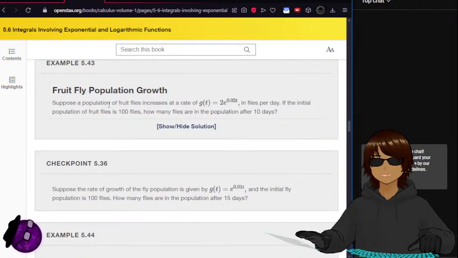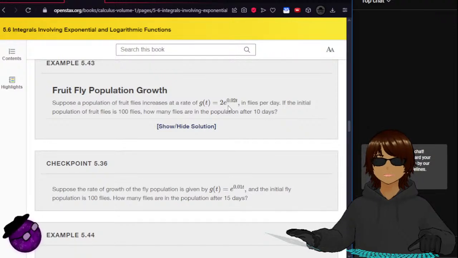Suppose a population of fruit flies increases at the rate of 2e to the power of 0.02t flies per day. If the initial population of fruit flies is 100 flies, how many flies are in the population after 10 days?